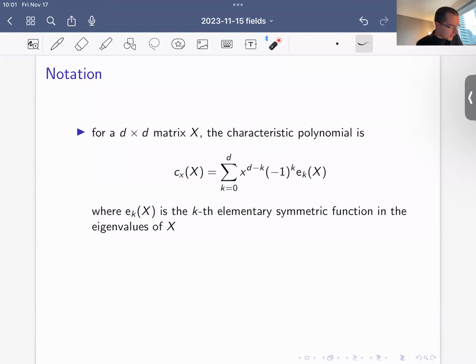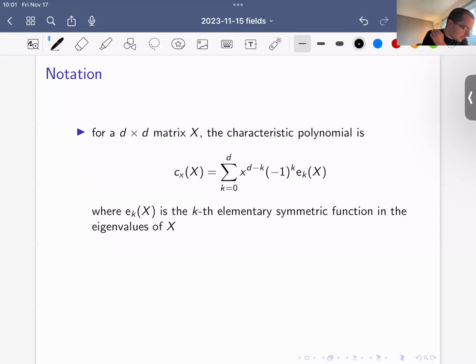My notation here, because the theory is about expected characteristic polynomials: my notation for a characteristic polynomial is C, where the variable is the little x and the big X is the matrix. And it turns out that you can arrange this polynomial at the level of coefficients in terms of these symmetric functions in the eigenvalues.